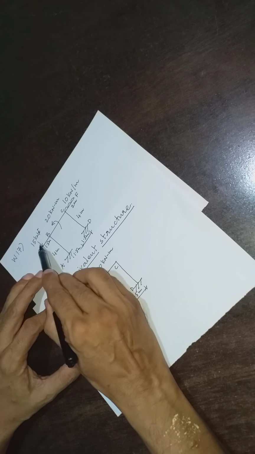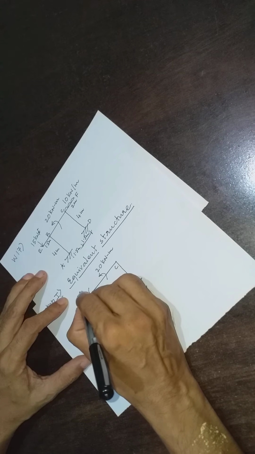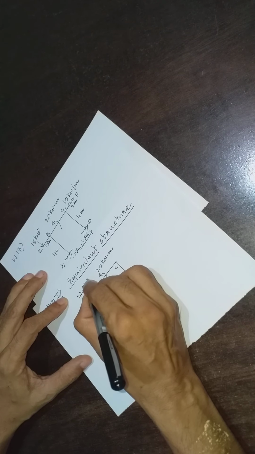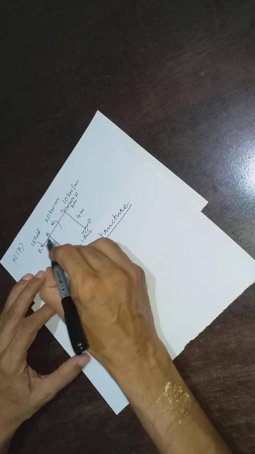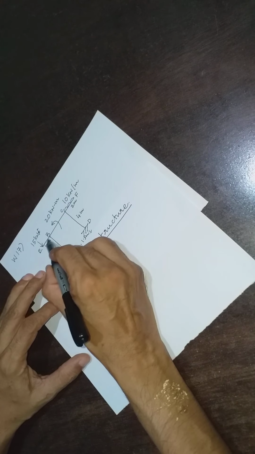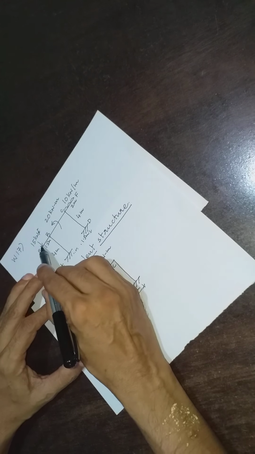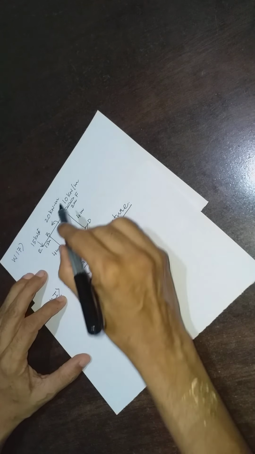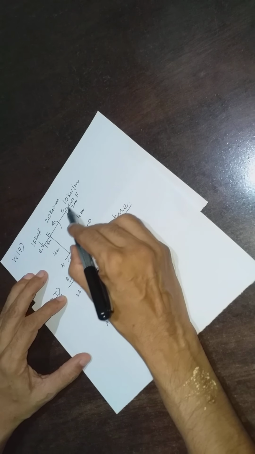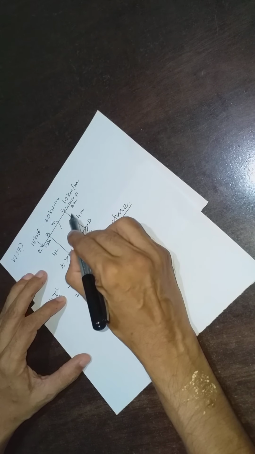It is 15 into 1.5, that is 22.5 kilonewton meter, acting at B. I am cancelling the effect of BE by considering the moment of this load acting at B. Now what is the moment of this 10 on CF? 10 into 2 into 1, that is 20, and it is acting in a clockwise fashion.